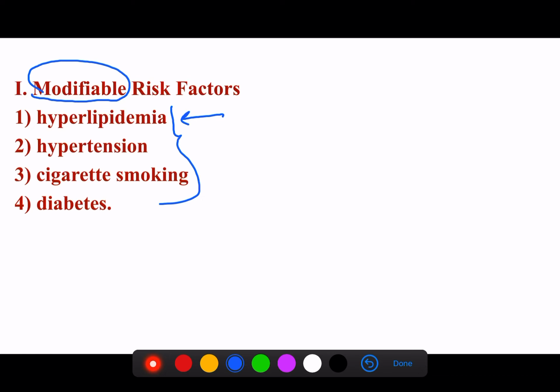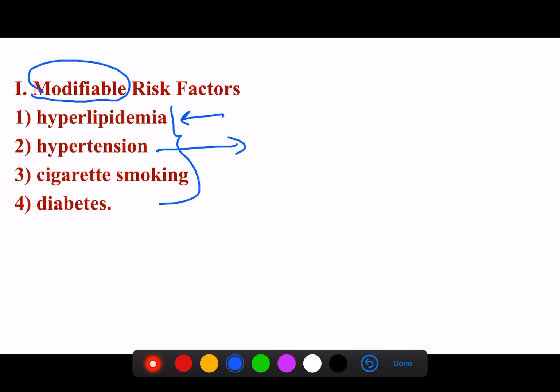Hyperlipidemia may occur due to increased cholesterol consumption, due to genetics, as we see in familial hypercholesterolemia, maybe diet, hypercholesterolemia, maybe obesity. All these factors can lead to increased bad cholesterol in the form of LDL, low density lipoprotein, as you take it in physiology, and decreased HDL, good cholesterol.